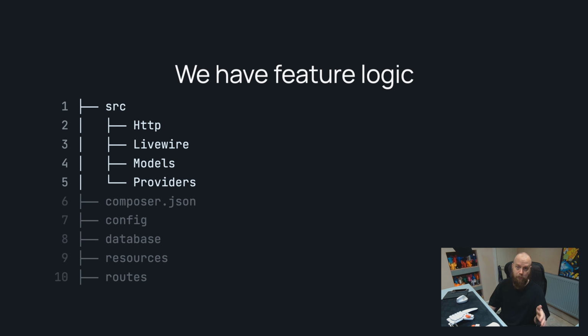Then inside source, we've got our feature logic. Any HTTP integrations, any controllers, any middleware. Then we've got models, any database models that you might need, any service providers, and any Livewire components, because I'm a huge Livewire fan. So here we've got a package service provider.